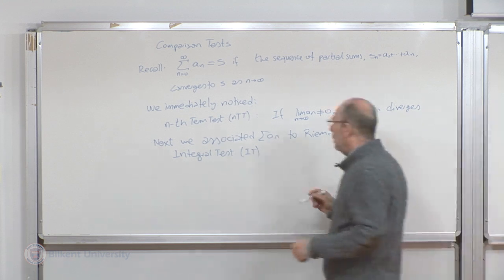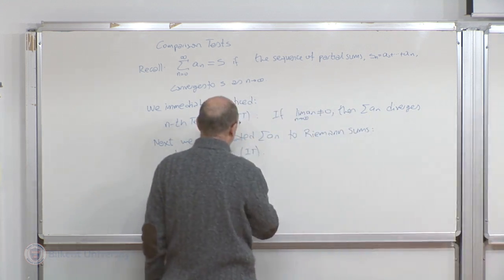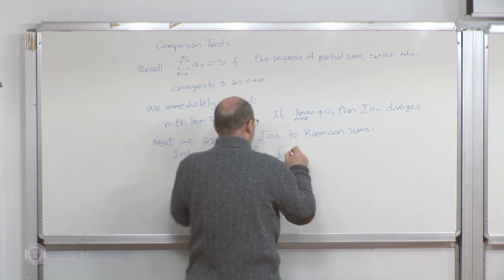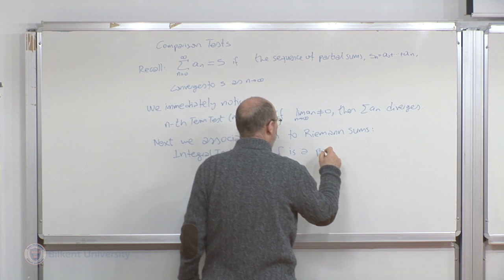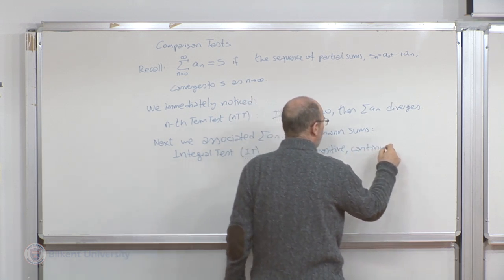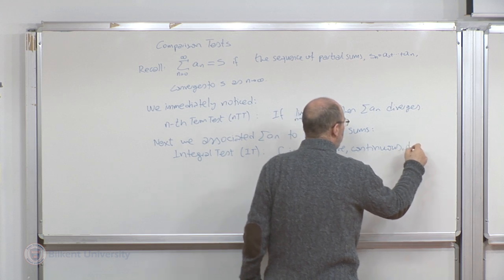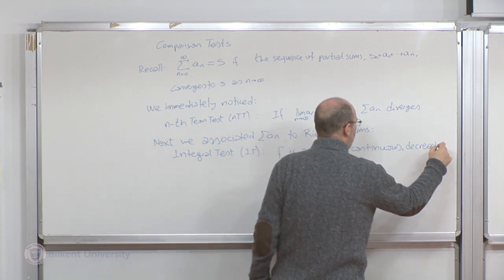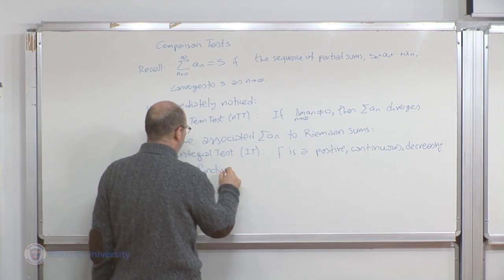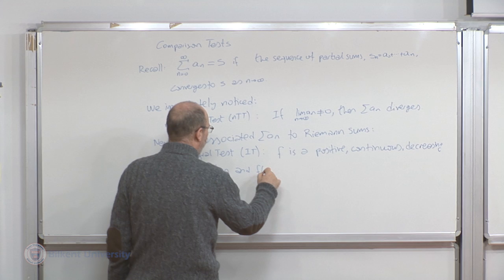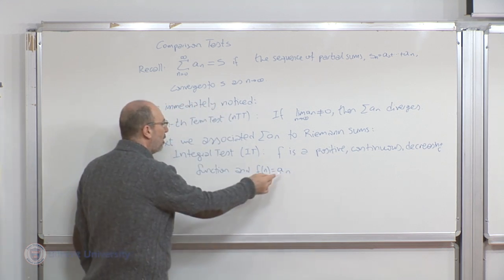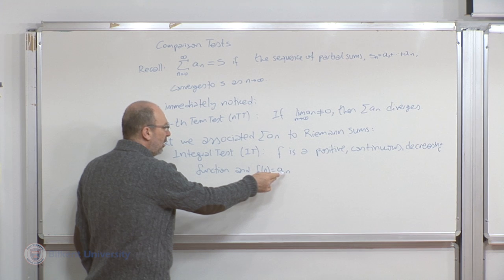Okay, so in the integral test, we have f is a positive, continuous, decreasing function and f of n happens to be a_n. Generally we have a formula for a_n.